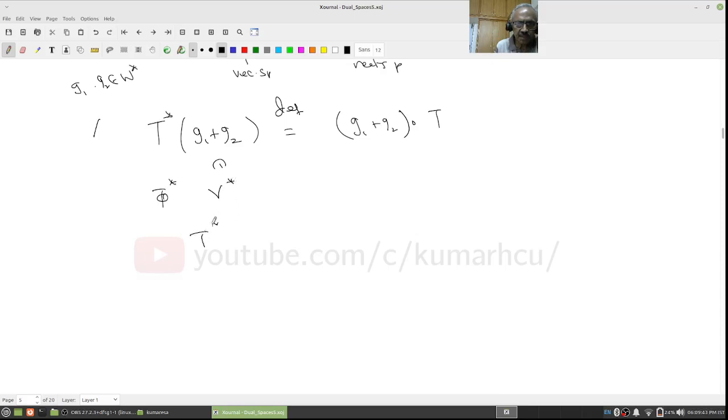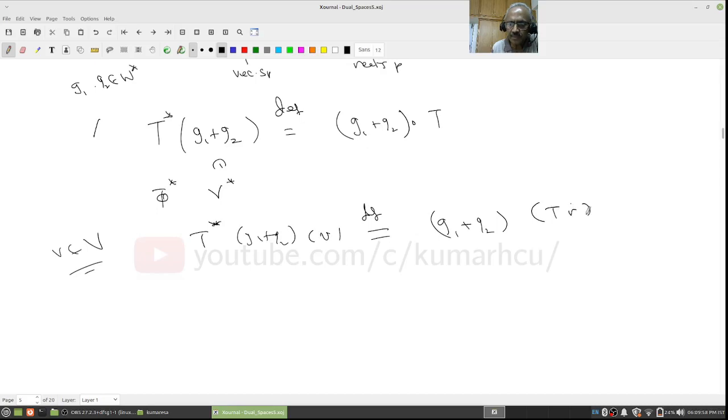That means it must act on a vector V, and I have to tell you what this is. It must be a number. But this is by definition G1 plus G2 acting on T of V. This is our definition. Do you understand that?